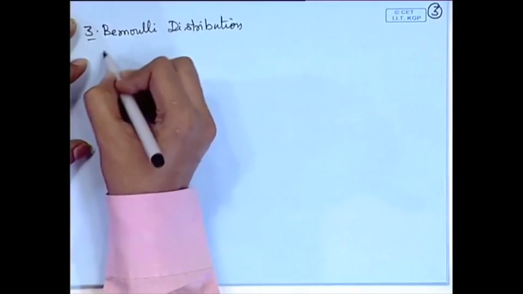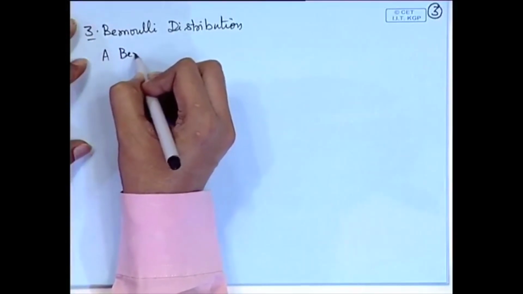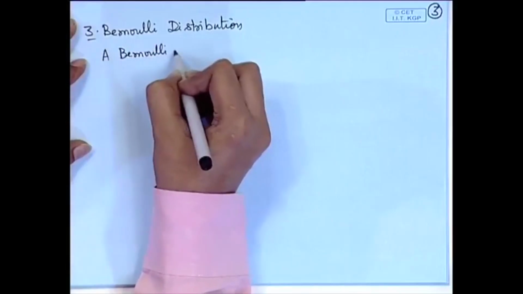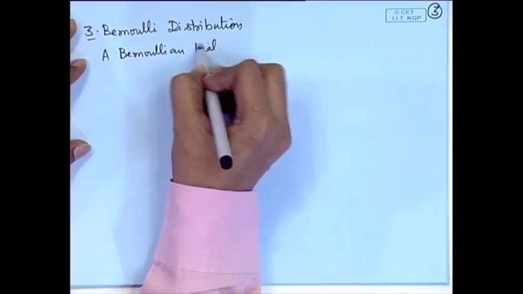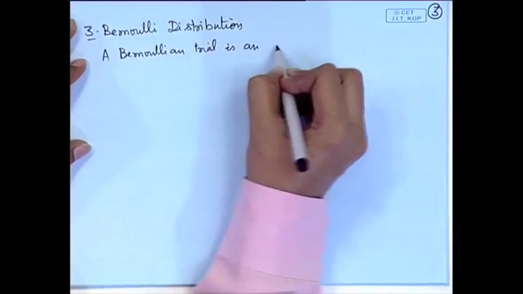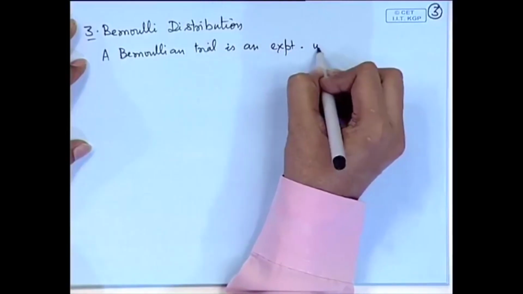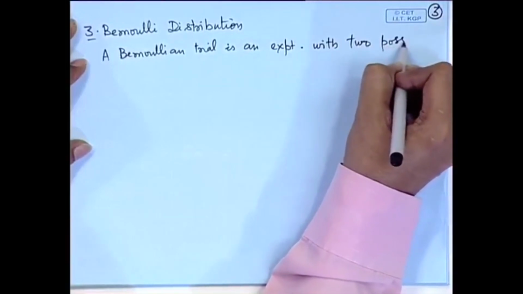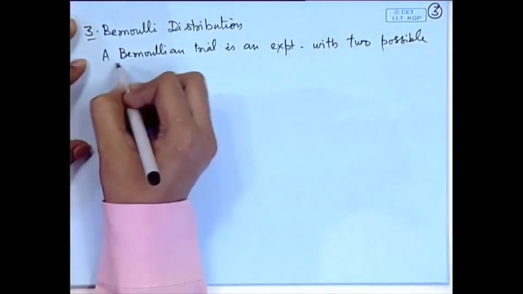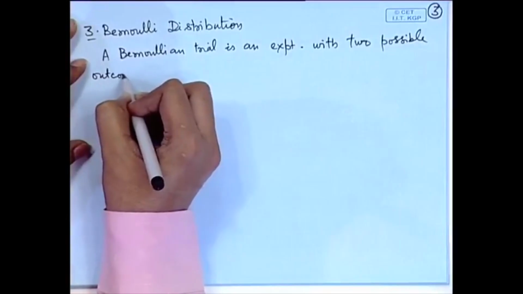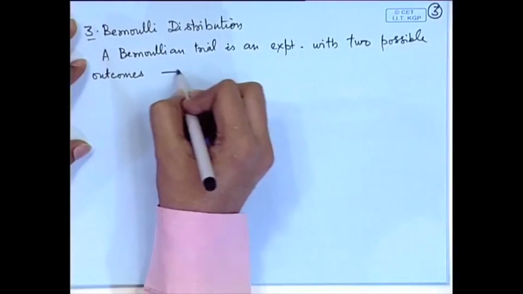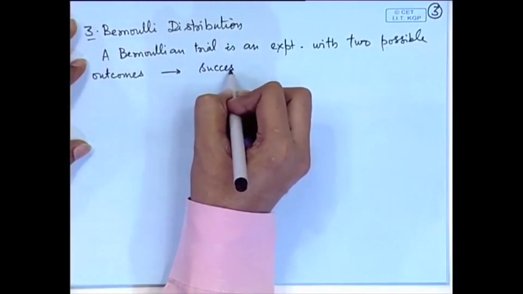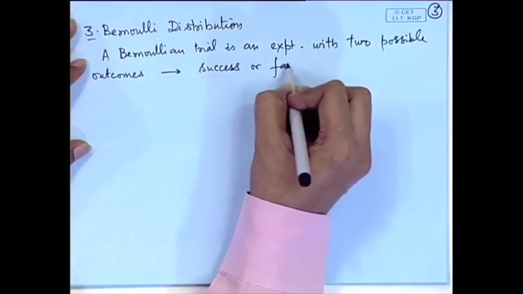So, a Bernoullian trial is an experiment with two possible outcomes, that is success or failure.